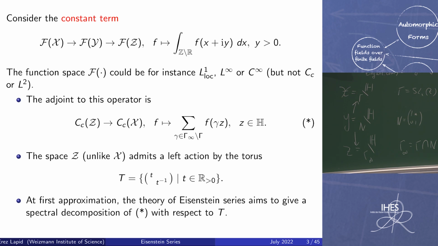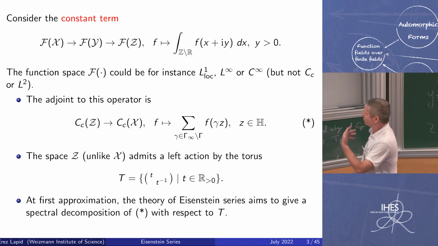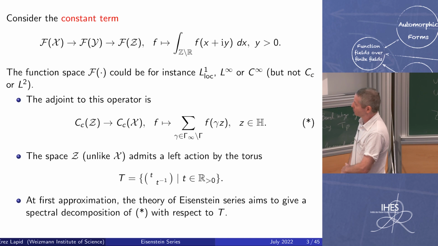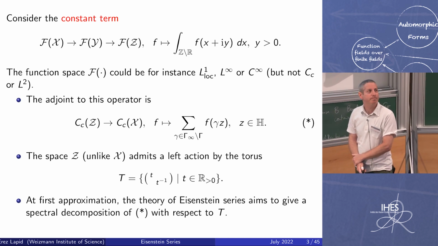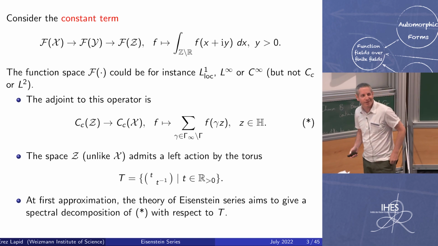Now, at first approximation, the theory of Eisenstein series wants to spectrally expand this map because there is an action of T on the left-hand side.